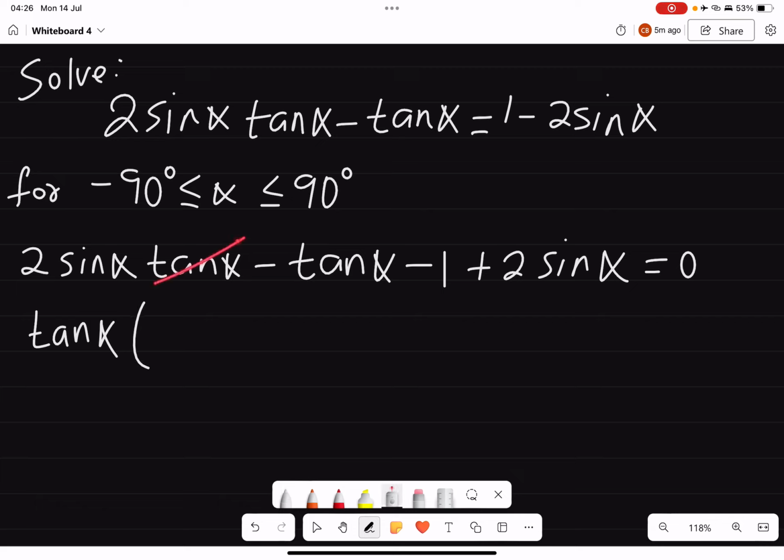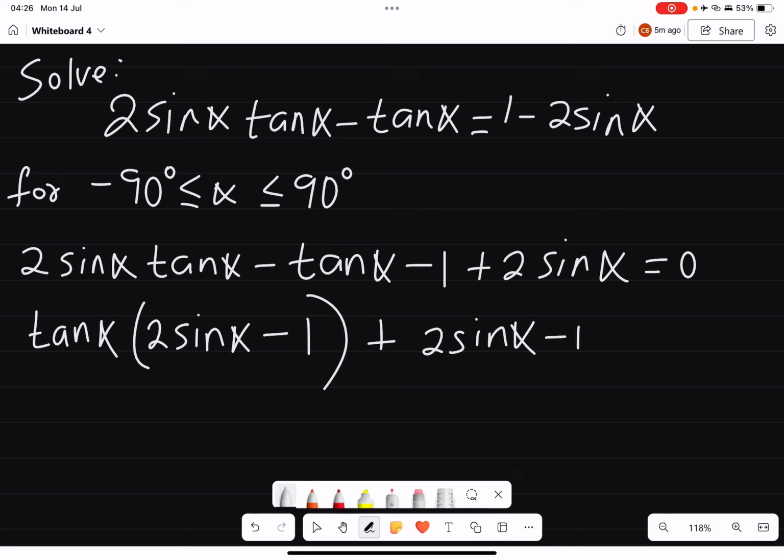And when it cancels, you are left with 2 sine alpha minus 1. If we rearrange the other part, we're going to have plus 2 sine alpha minus 1. You can put that in a bracket, which equals 0.